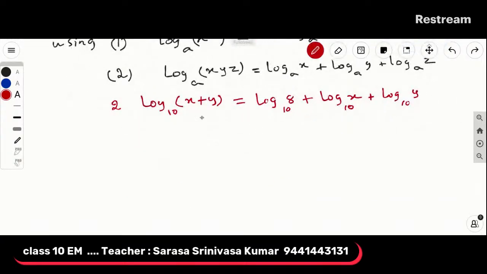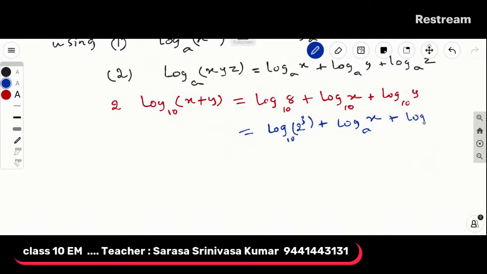So now log 8 can be written as 2 cube. 8 can be written as 2 cube. So in place of log 8, we can write log 2 cube to the base 10, plus the remaining terms are written as it is.